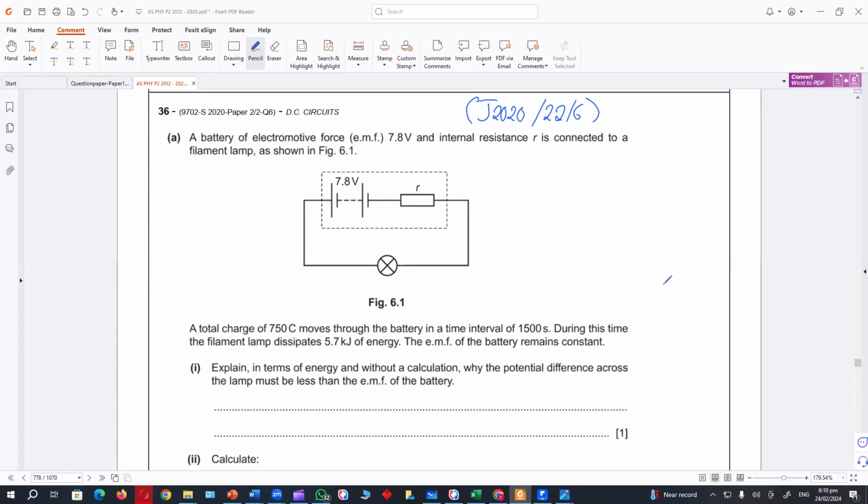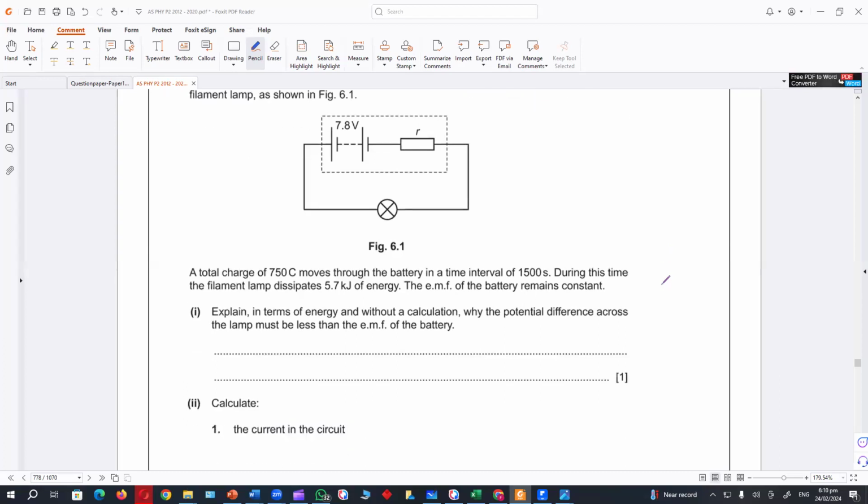During this time, the filament lamp dissipates 5.7 kilojoule of energy. The EMF of the battery remains constant. So they have given you the charge, the time, and the amount of energy dissipated. Explain in terms of energy and without a calculation why the PD across the lamp must be less than the EMF of the battery.